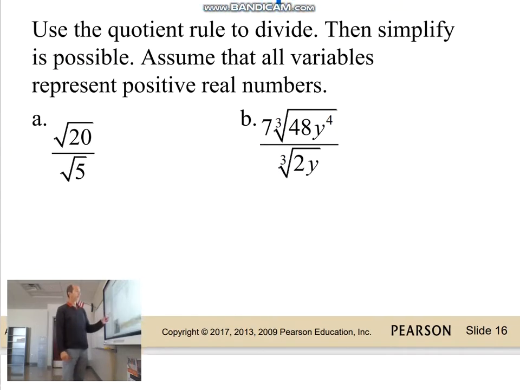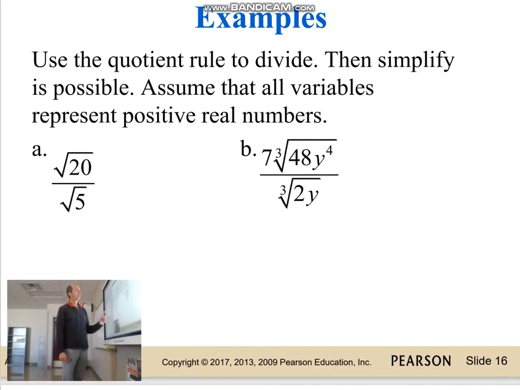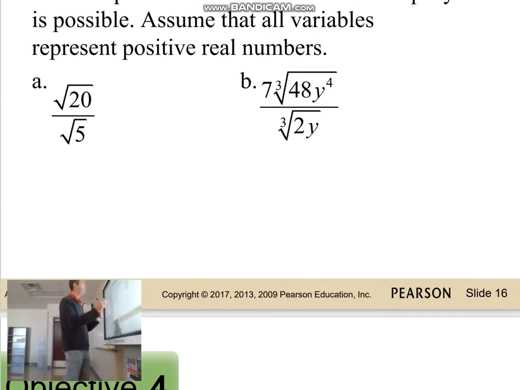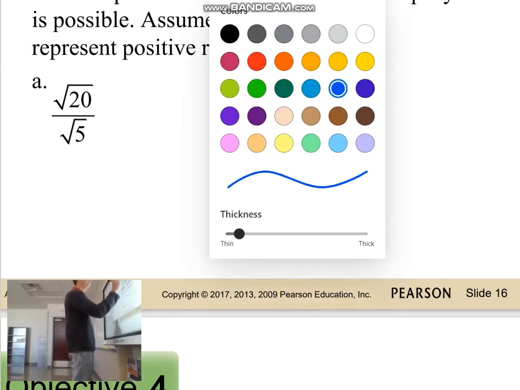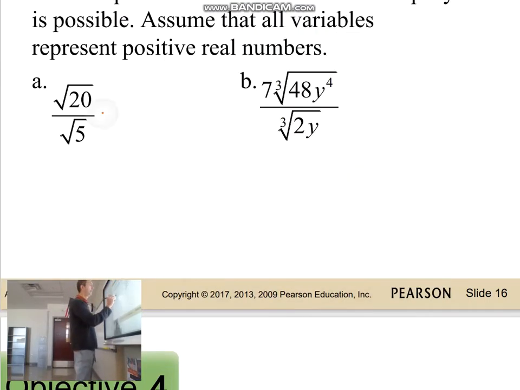And we have a few more examples. Use the quotient rule to divide, then simplify if possible. Assume that all variables represent positive real numbers. That's fine. For the letter A, we just have numbers, and this is okay because we can write this. Let me split the screen, and we can write 20 as the square root of 4, remember, times square root of 5.